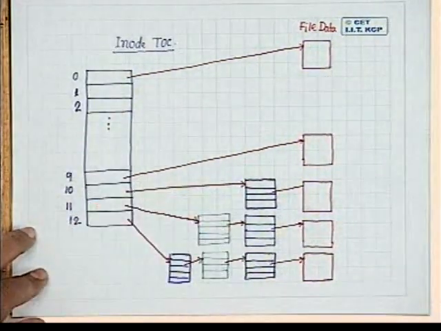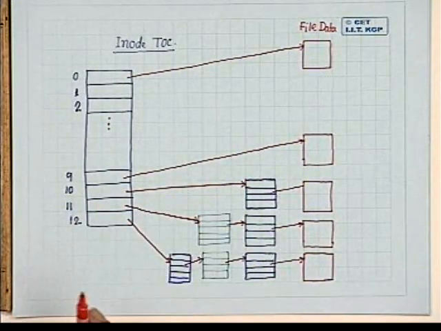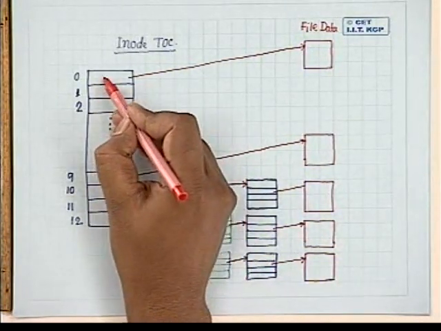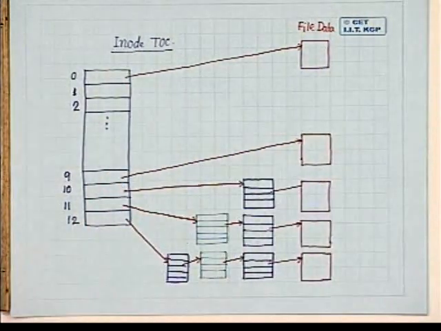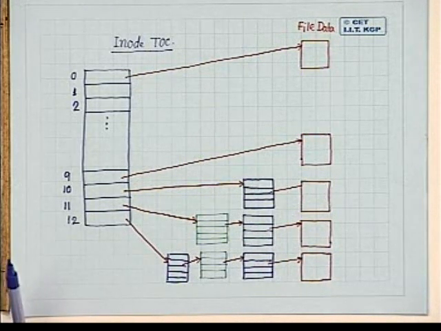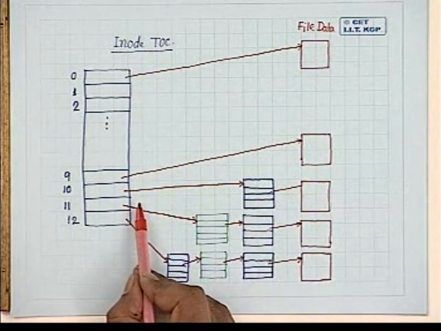So in case of direct pointers, the pointers are pointing to blocks that actually contain the file data. So these entries from 0 to 9, the first 10 entries in the inode table of contents, they are the direct pointers. The next entry, that is 10th entry, is a single indirect pointer.